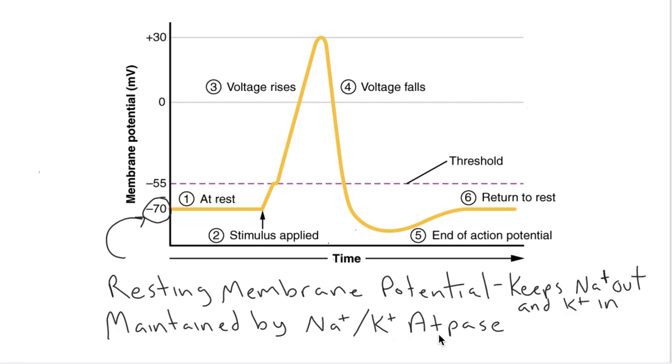A lot of the ATP that you create during the day is used to run this pump. It has to maintain this resting membrane potential in every nerve cell, every muscle cell for the entire day, and then for every action potential that occurs, it has to put everything back.